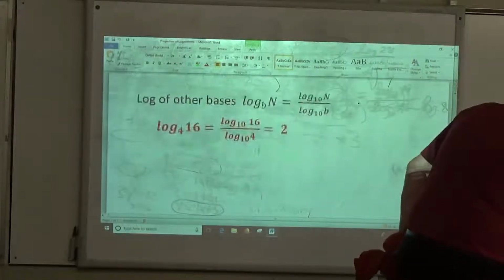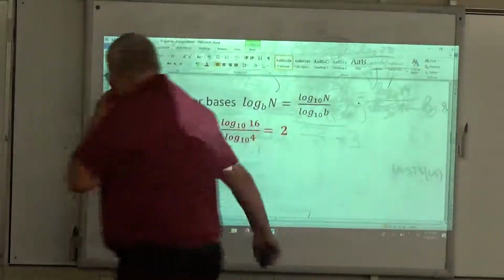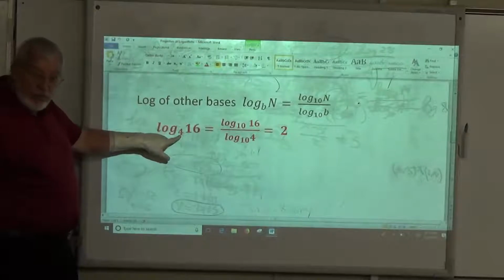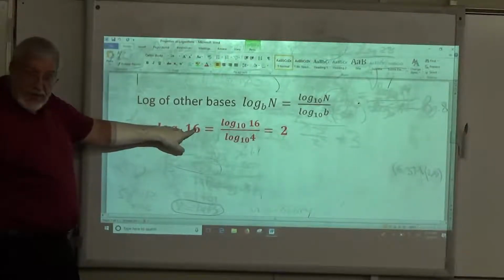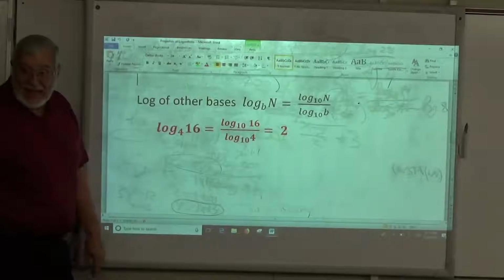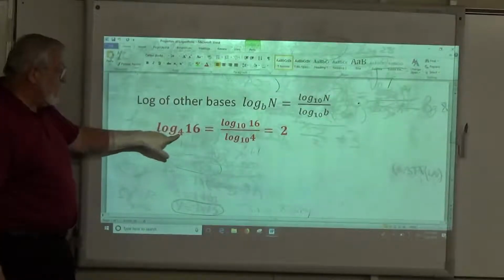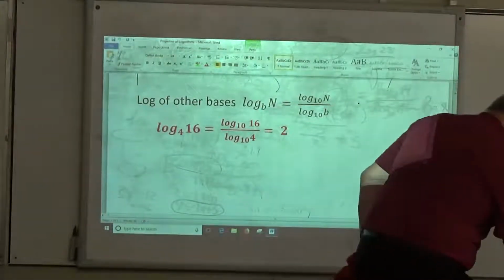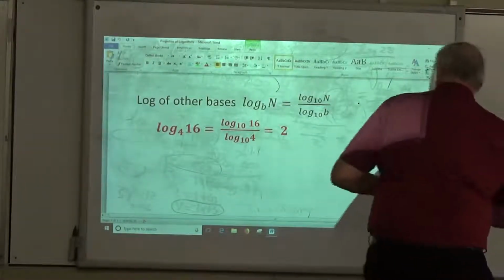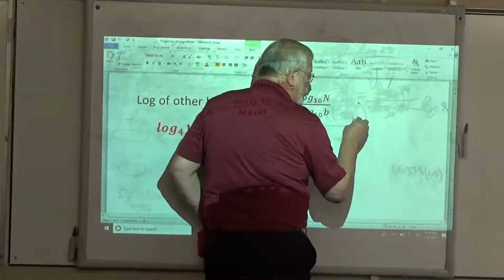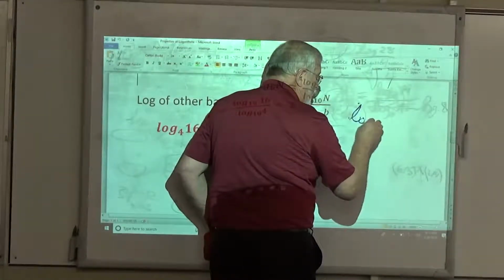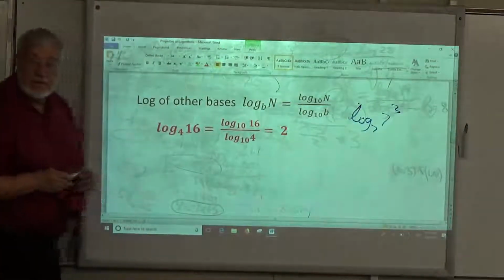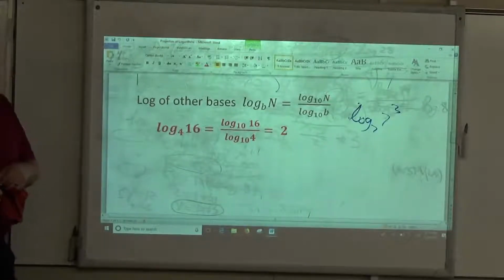And then log of other bases, this is the important one. If you have log base 4 and a number here, we can change it into base 10 by saying log of 16 divided by log of 4.